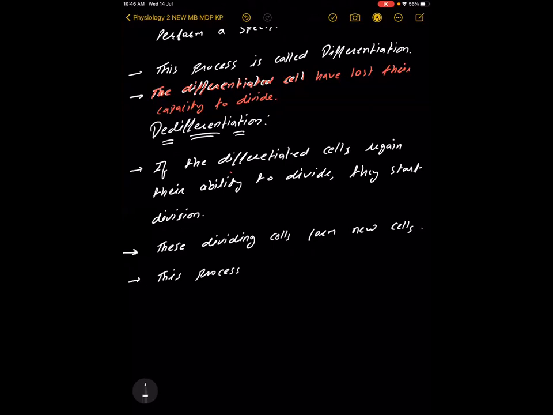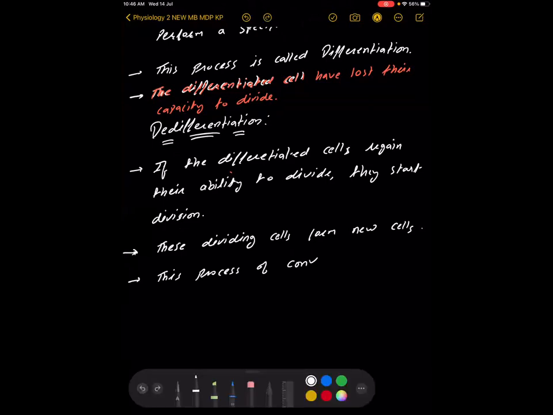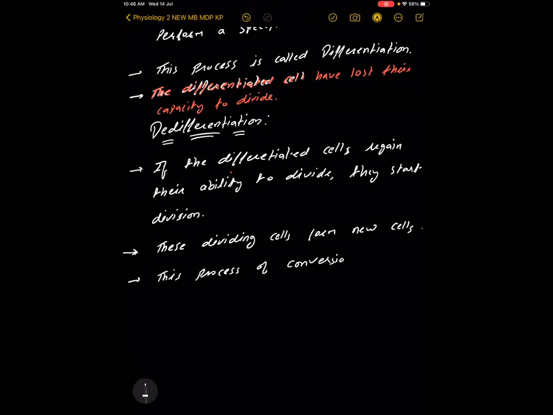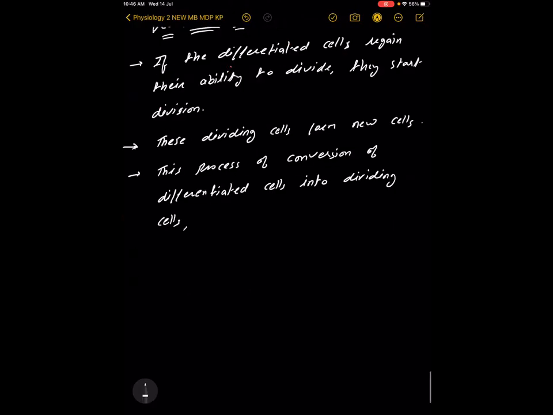This process of conversion of differentiated cells into dividing cells is called dedifferentiation.